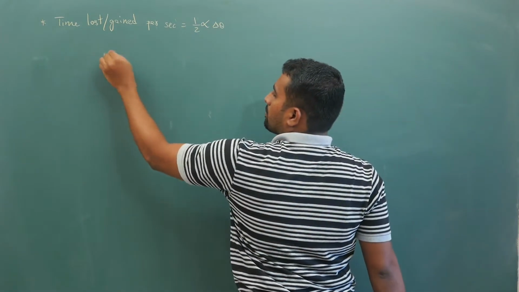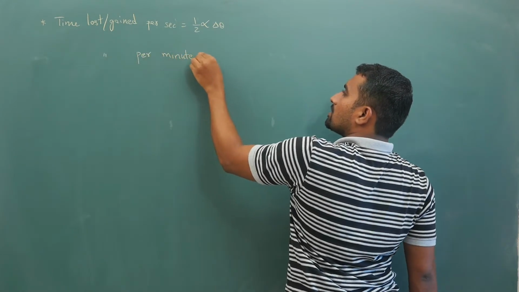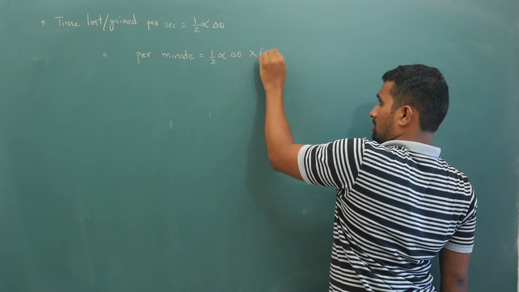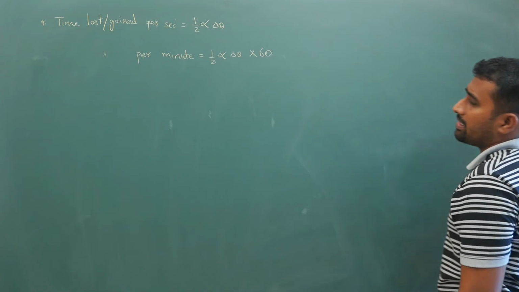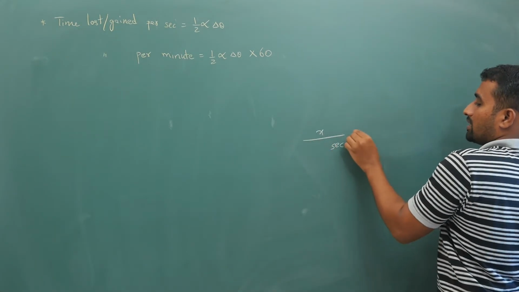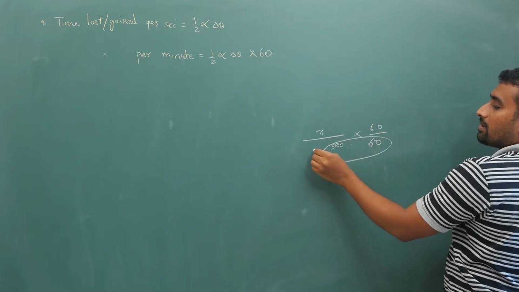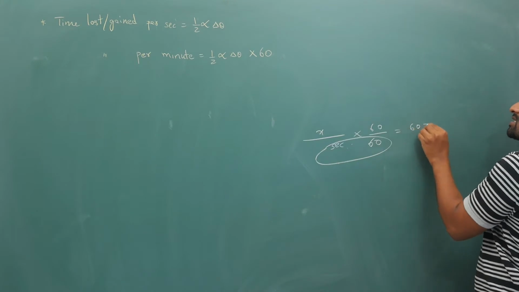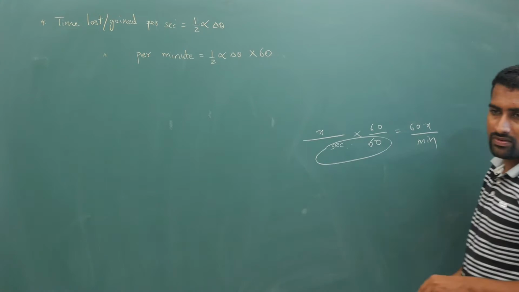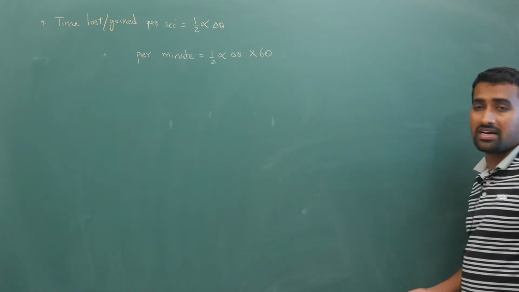If it is per minute, the answer is half alpha delta theta into 60. To convert some x per second, 60 seconds together become a minute, so that becomes 60x per minute. That is why we have to multiply, we should not divide.